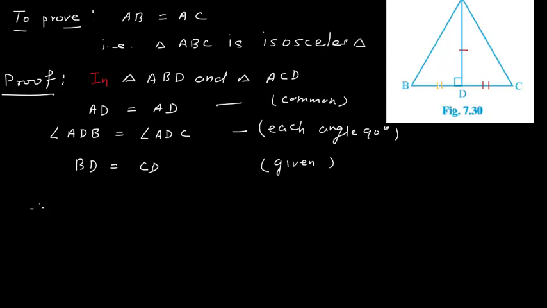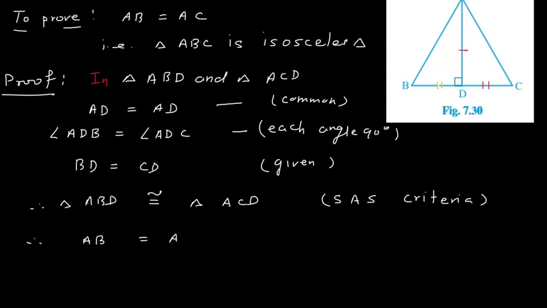So, therefore, triangle ABD is congruent to triangle ACD by side angle side criteria. Therefore, side AB equals AC. They are corresponding parts of congruent triangles. If you have difficulties in understanding what we are doing, then you can revise the previous chapters, lectures 1, 2, 3 and 4.